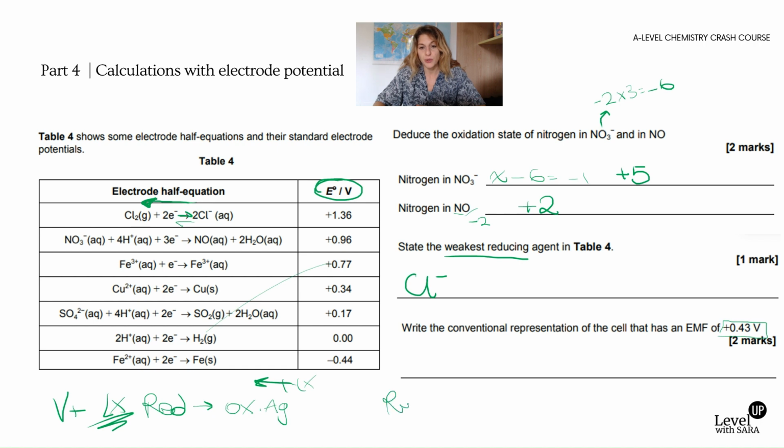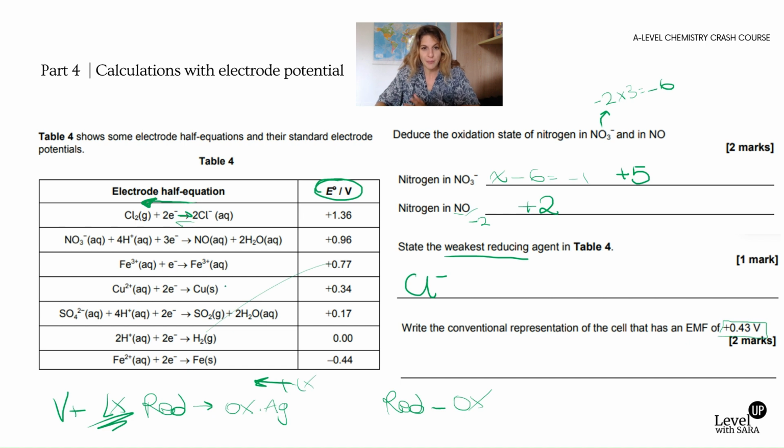That's why you will always have the electric potential of the equation reduced minus the one that is oxidized. Why? Well, because the oxidized one you have to flip it. That's why you change the sign of that. But here it takes a little bit of work to think about what would be 0.43.